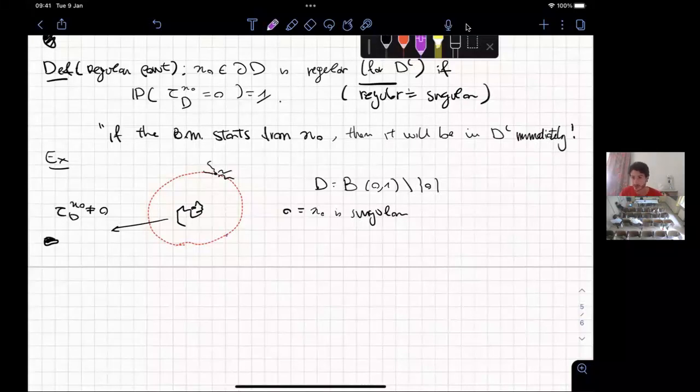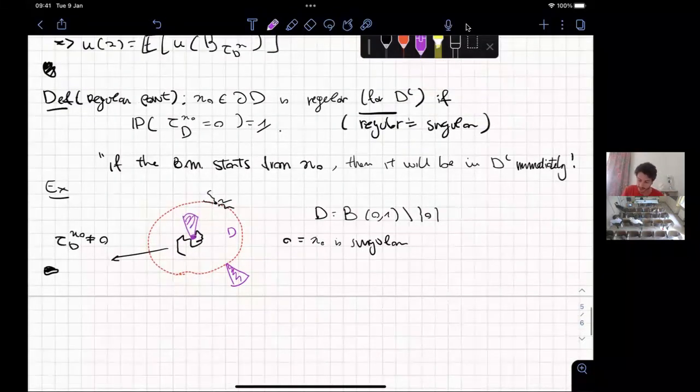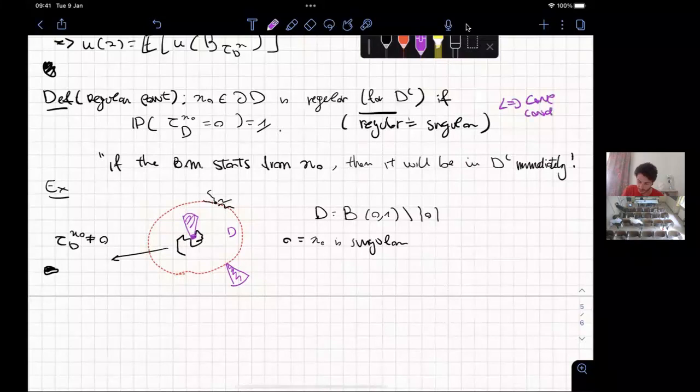This is the so-called cone condition. And here, for instance, is the case. Here you can build this cone, which is completely outside the domain, but the same thing does not happen inside here. For instance, if you start here, there is no way to build a cone that is completely outside the domain D. So the inside is D. So what we can say is that this is equal to the cone condition.